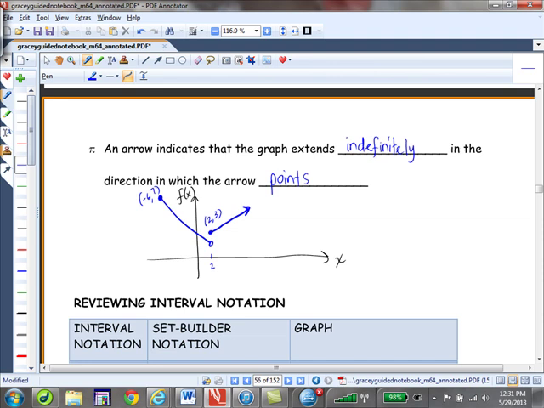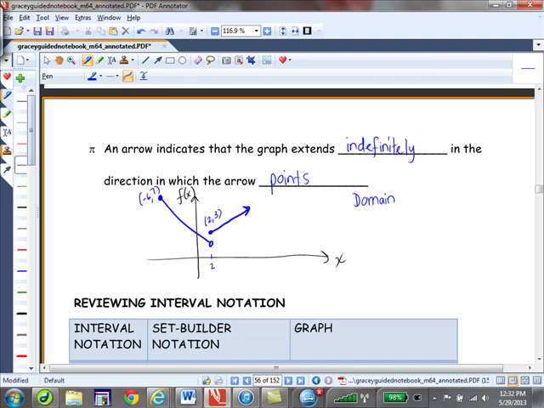So the information we could get from this graph, it's a little complicated. I put a lot of stuff in one graph. But if we were looking at the domain of this graph, even though there's a jump right here, it goes until 2, and it actually extends beyond that.